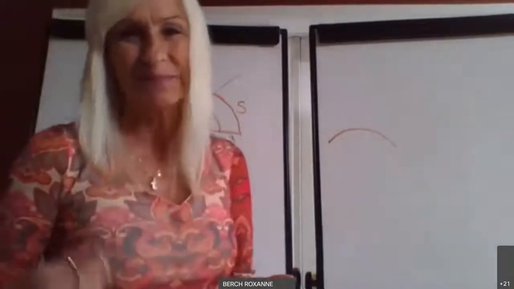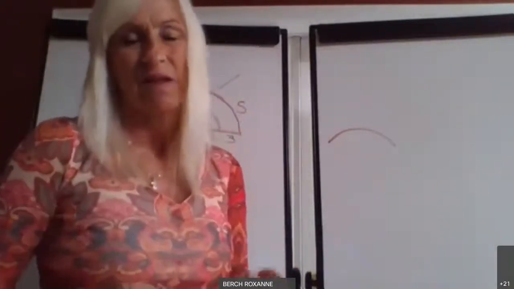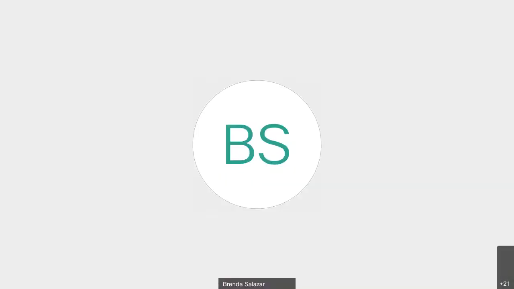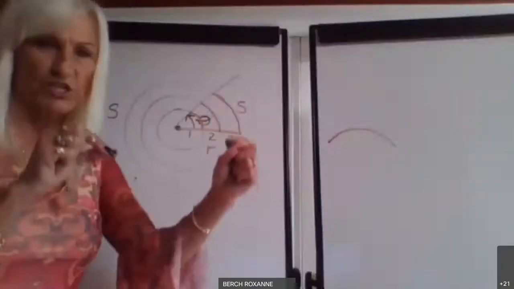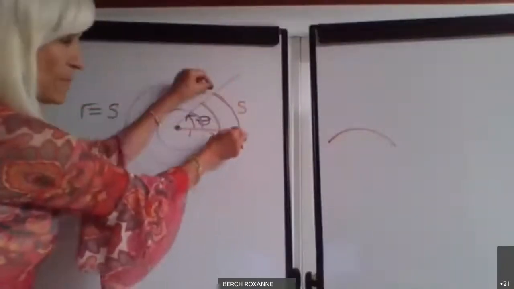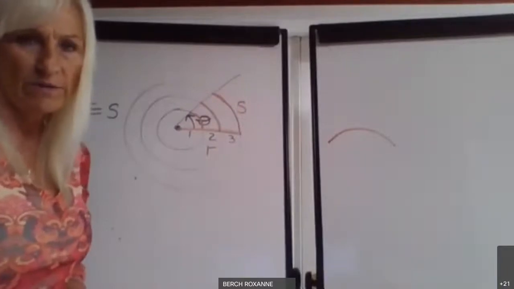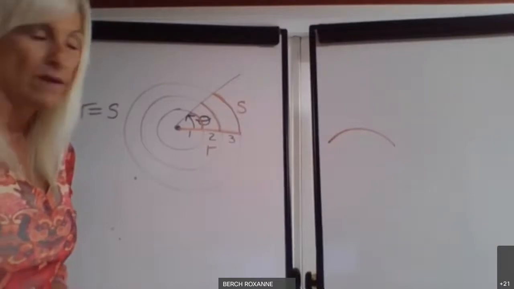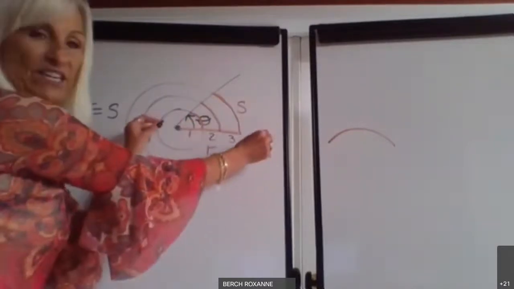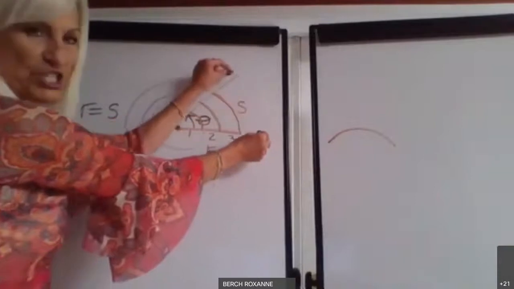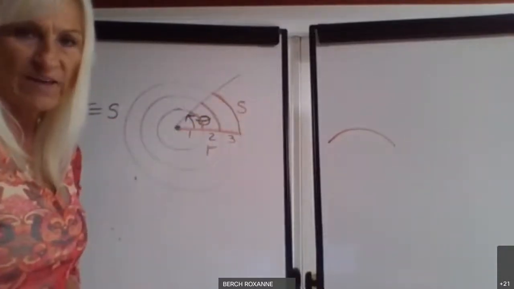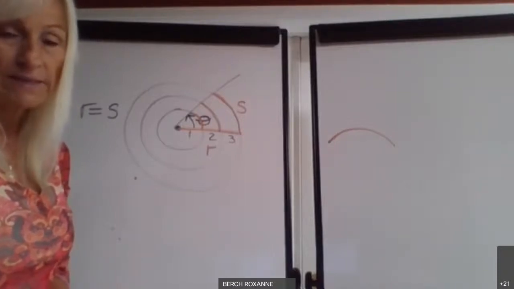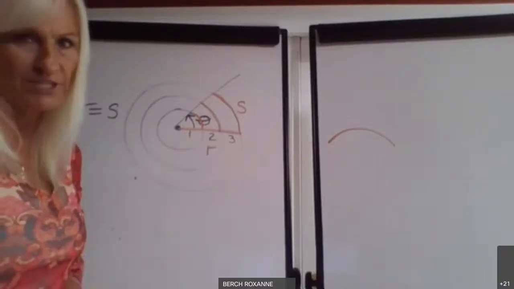That wasn't in the list. You used a string. If you measure 3 inches on the string and wrap it around the arc and make sure it's at 3, you could get the measure of the arc. If you had a string that was 5 inches and you measure around 5 inches, you're going to be able to get 1 radian. That was the point of the string: you cannot measure an arc with a straight edge.